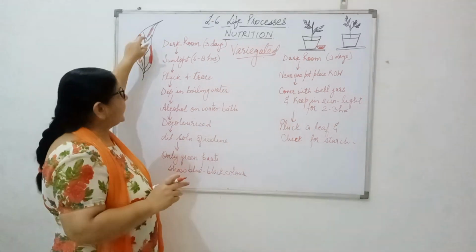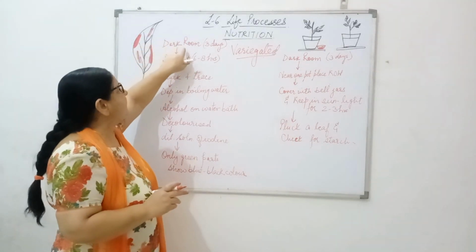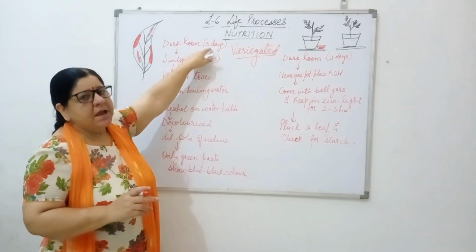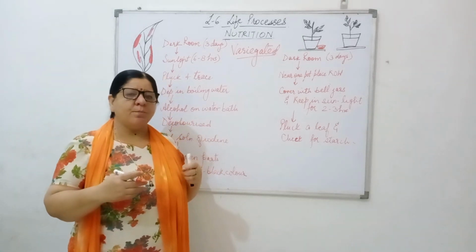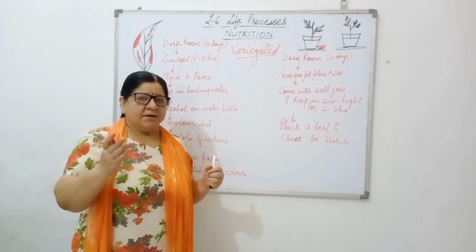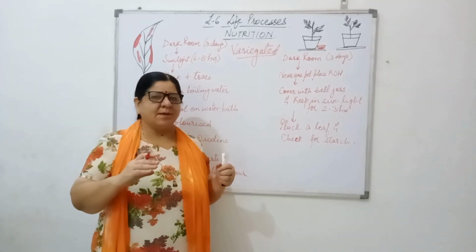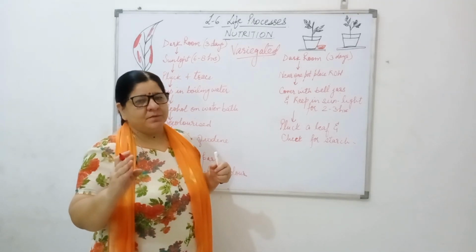So we take a potted plant which has variegated leaves and keep it in a dark room for 3 days. Why do we put it in the dark room? As I told you previously, plants store their extra glucose, which they prepare during photosynthesis, in the form of starch.